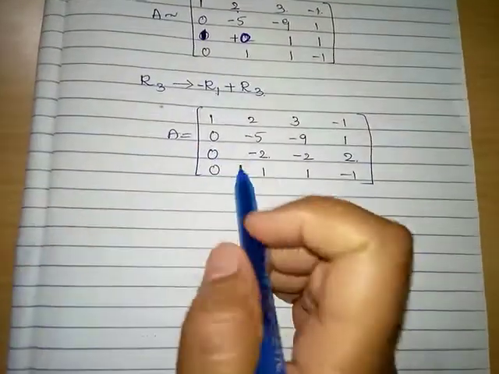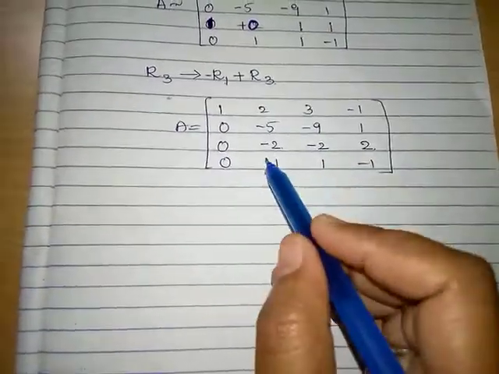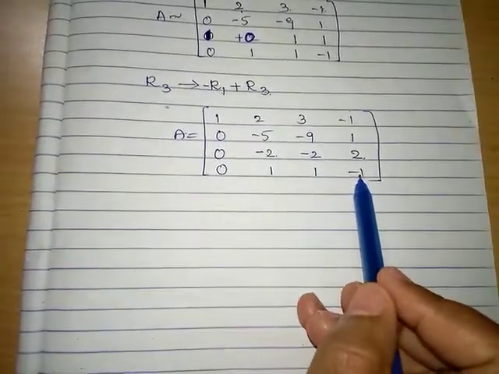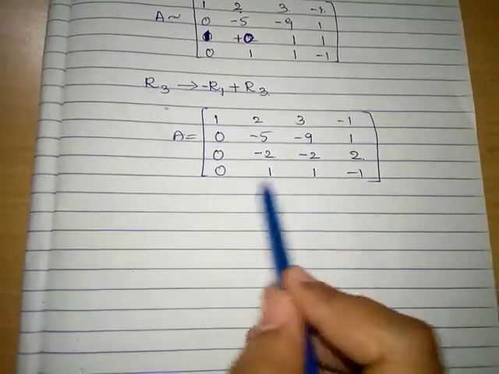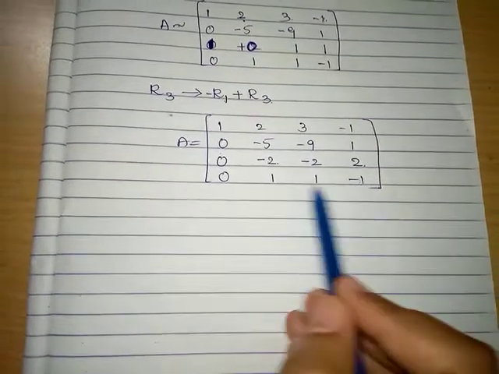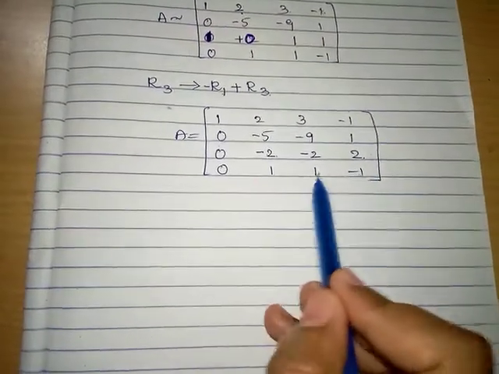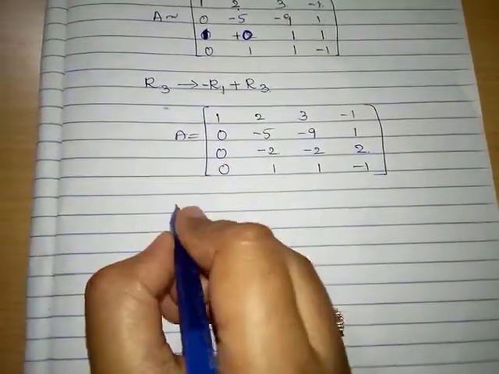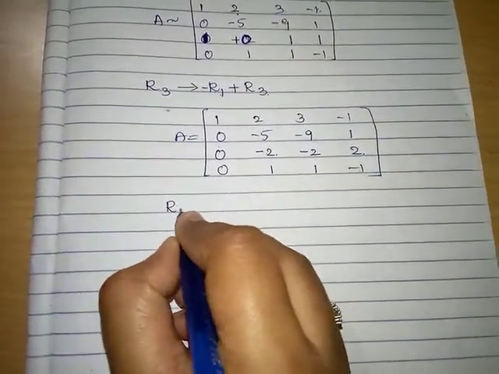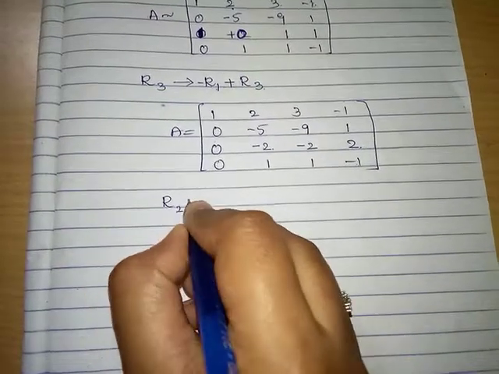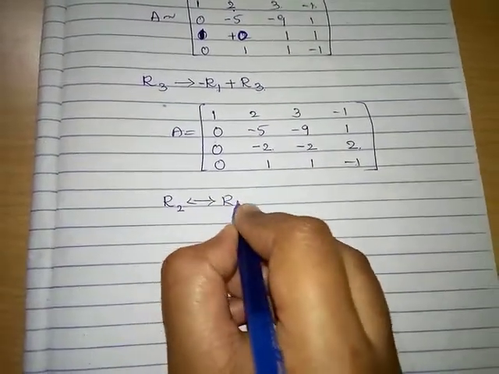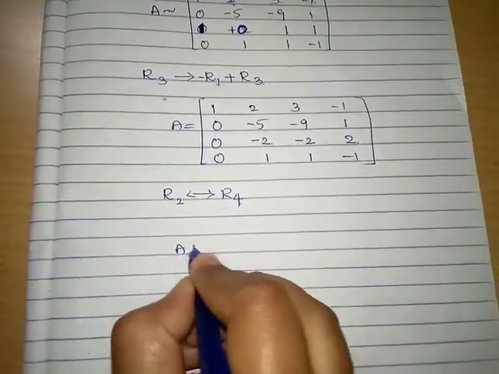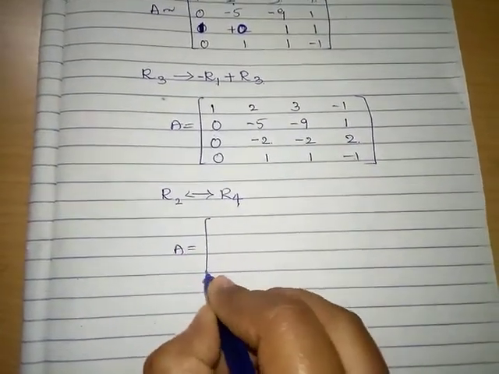Now our intention is to reduce these elements to 0. Before that, see the fourth row: this is a non-zero row, and its first non-zero entry is 1. So for convenience, I will interchange R2 and R4. It reduces the steps.